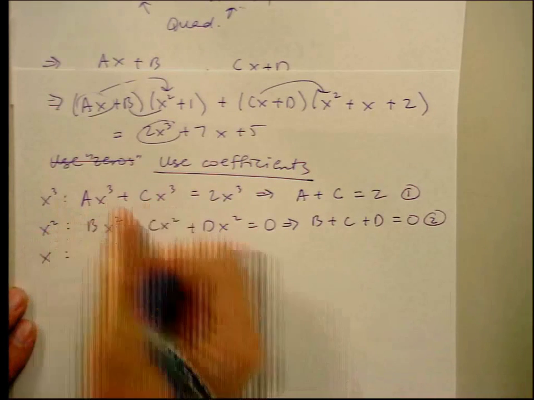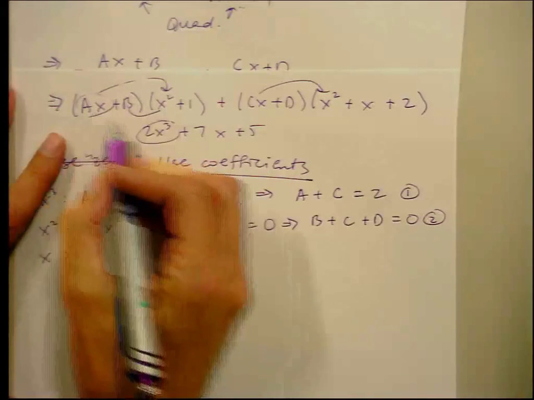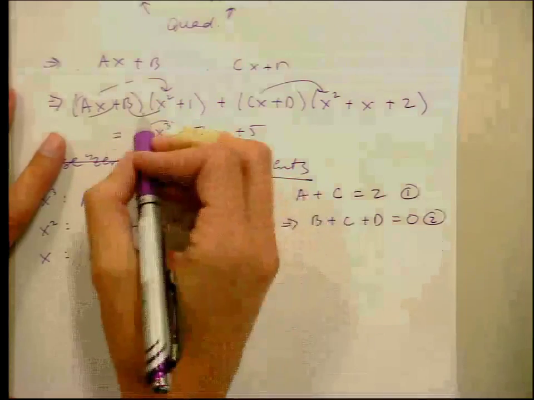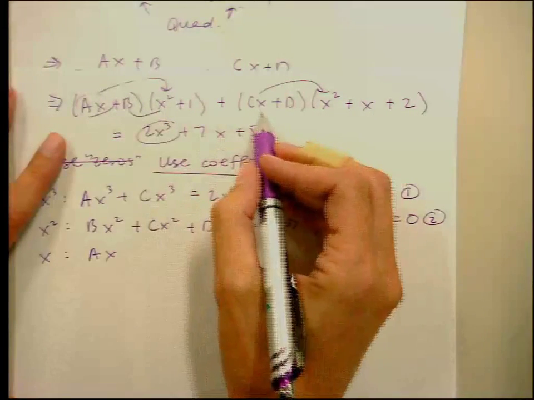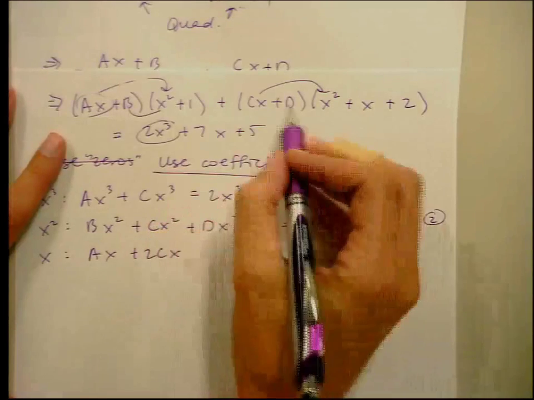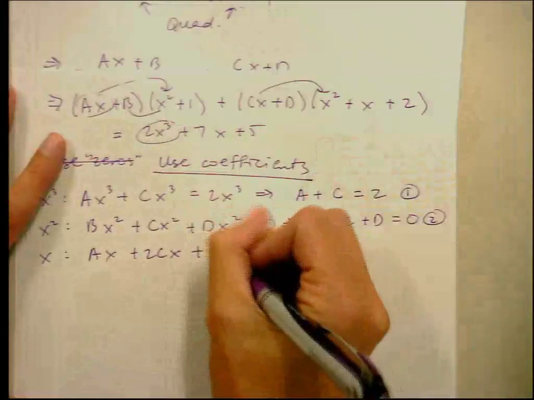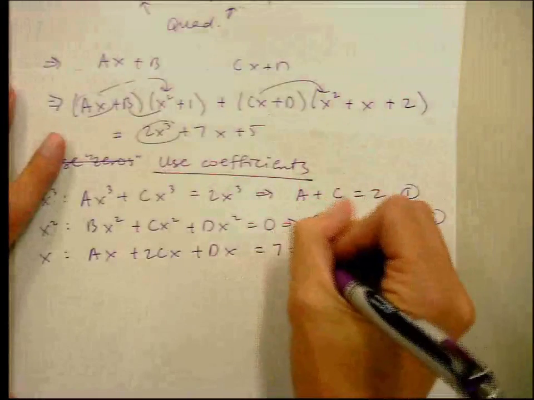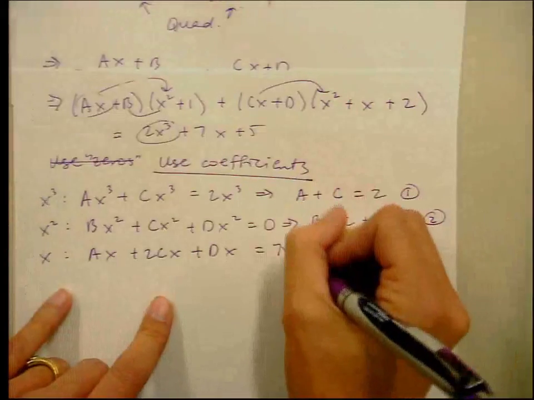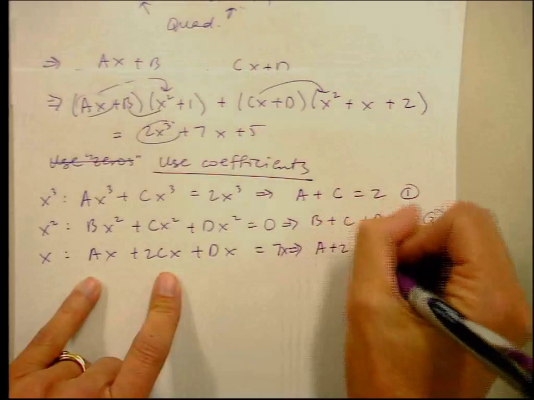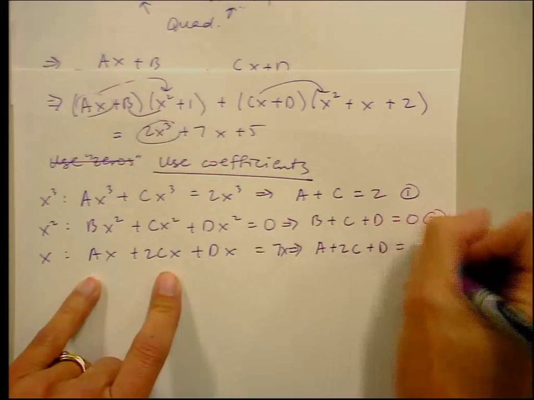Now for the x's, I can get one here, ax times 1, so that would be a times x. Not from the b. cx times 2, so plus 2cx. And d times x, I can get that one as well, equals, there are 7 of those, 7 x's. If I drop my x's, I have a plus 2c plus d equals 7.